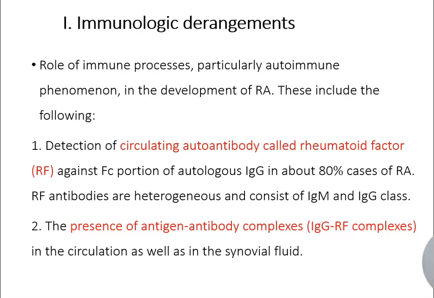A very important step is the detection of the circulating antibody, which we also call rheumatoid factor. In the majority of cases, we see activation of rheumatoid factor, and because of this, we see more and more production of IgG and IgM antibodies. These may lead to antigen-antibody complexes, where the IgG may react with the autoantibody, which we also call an antigen.